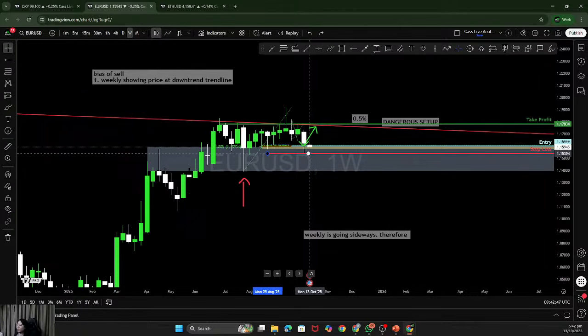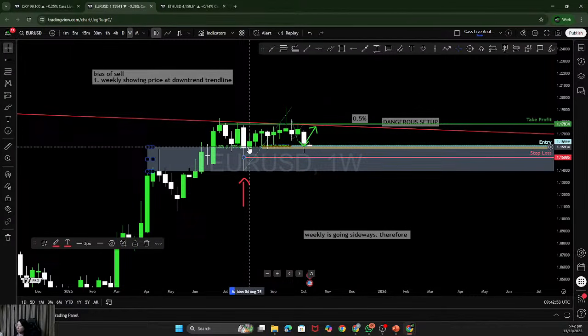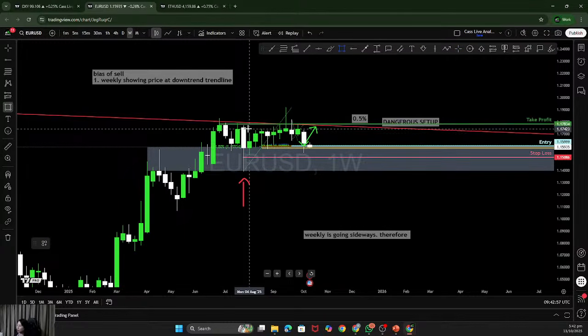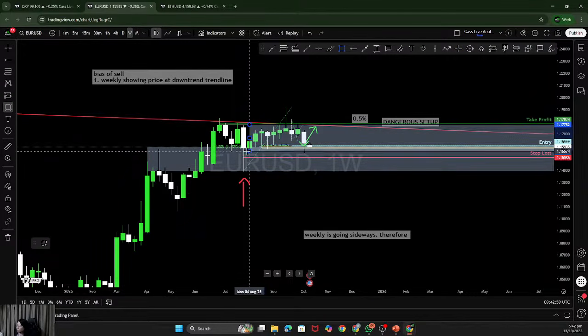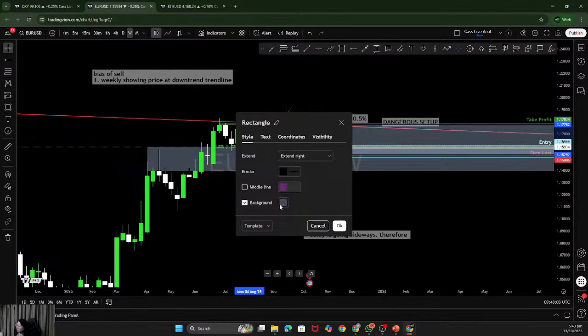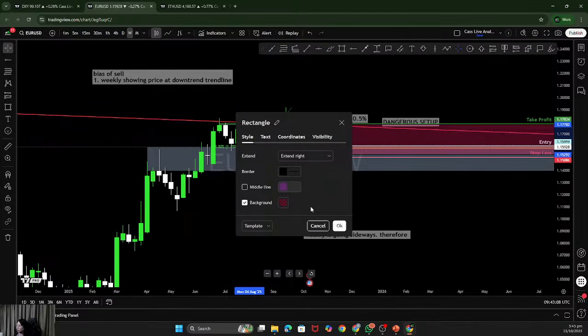So what you want to do is put your stop loss. You can put it under this candle here, or to be very safe, put it under this candle. So therefore, you are totally outside of this box. That's not a good color to choose, sorry.